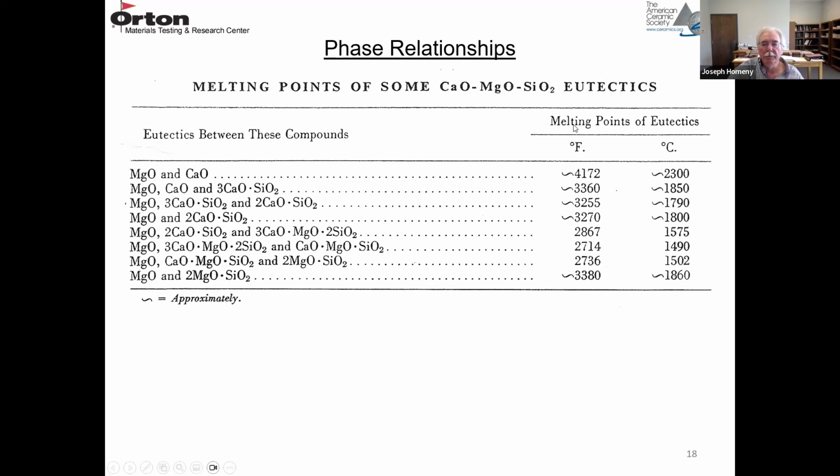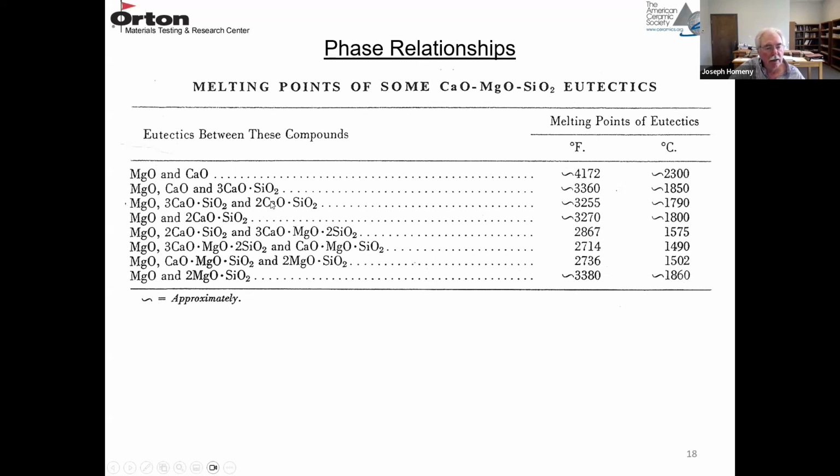So these are the possible eutectics. The first 4 in degrees C are 2300, 1850, 1790, and 1800, and the last one is 1860. So all of these are above steel melting temperatures, which is a little higher than 1600 C. And then these 3 are much lower. So MgO and CaO have this high melting eutectic. MgO, CaO, and the tricalcium silicate is also high.